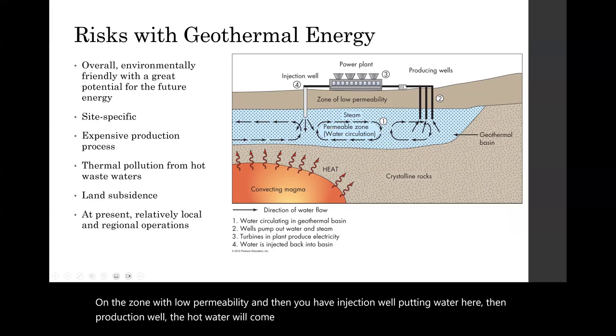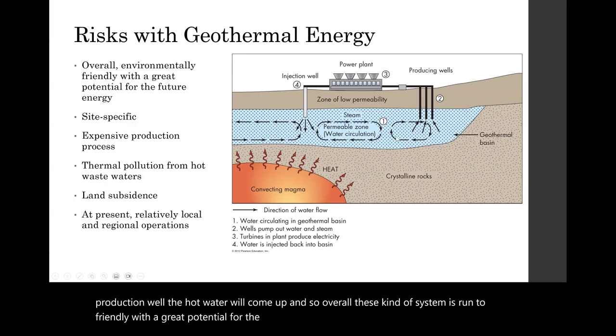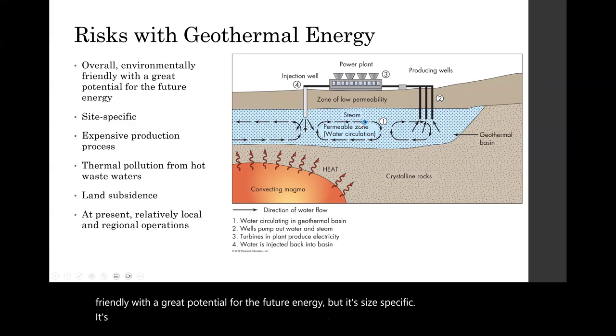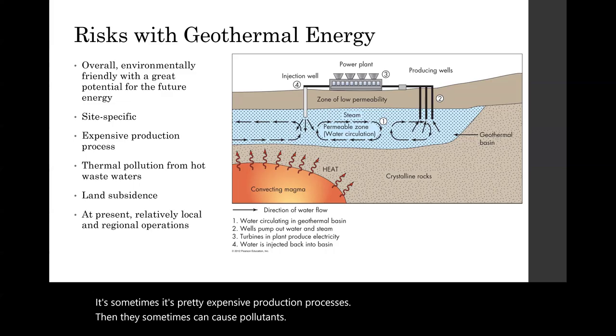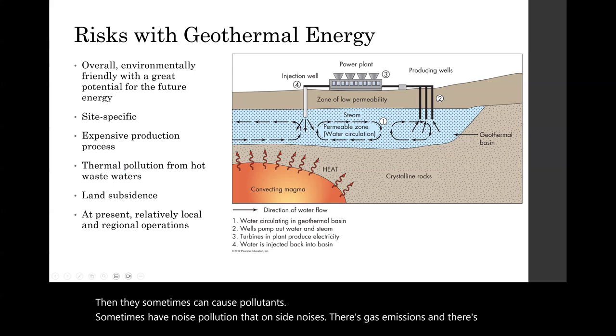And so overall, this kind of system is environmentally friendly with great potential for future energy, but it's site specific. Sometimes it has pretty expensive production processes. Then sometimes it can cause pollution: noise pollution, on-site noises, gas emissions, and a scar on the land and so forth.